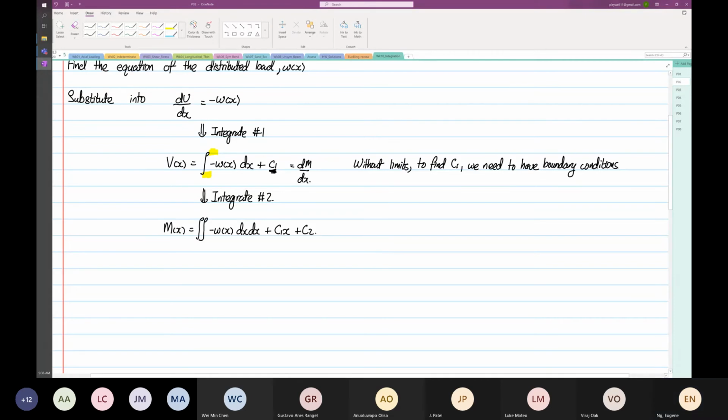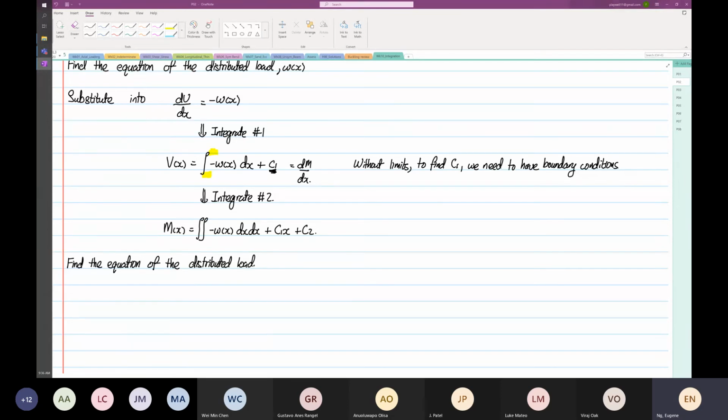Now from here, we're going to find the equation of the distributed load. We will find this equation of the system, so we're going to draw the distributed load first.